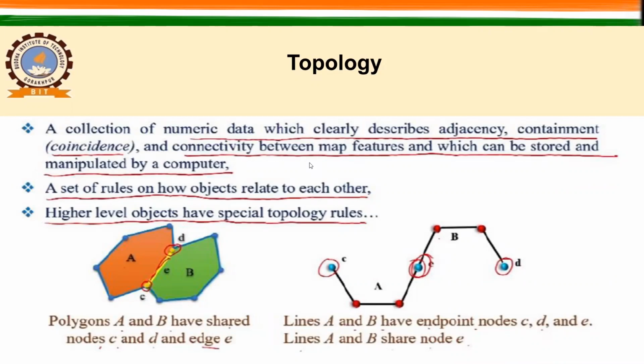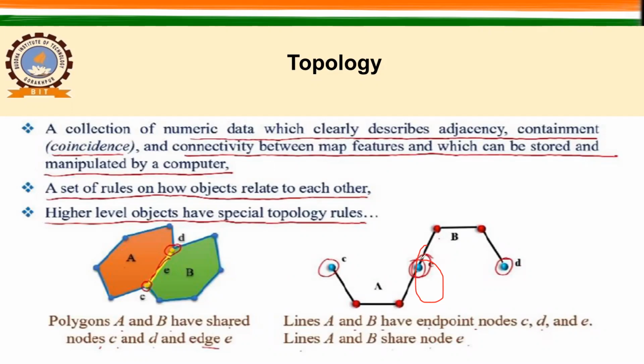Higher level objects have a special topology rules, like here you can see this A and B, they are sharing this E line. Okay, A and B may, here you can see between A and B, this is sharing the E line, right? So polygon A and B have shared the node C.